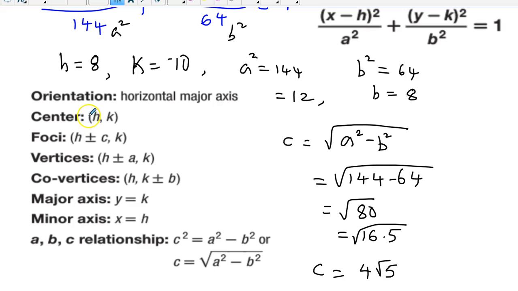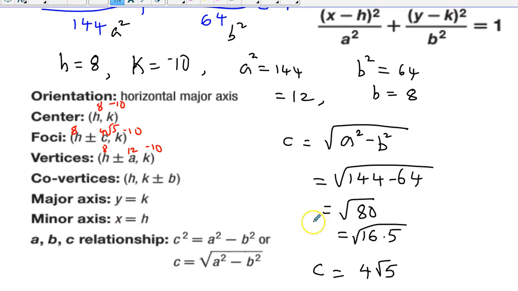Alright, this is for the center: h is 8, k is negative 10. For the foci, c is 4 root 5, so it is 8 plus or minus 4 root 5, and k is negative 10. For vertices, this is h, 8, a is 12, and k is negative 10.